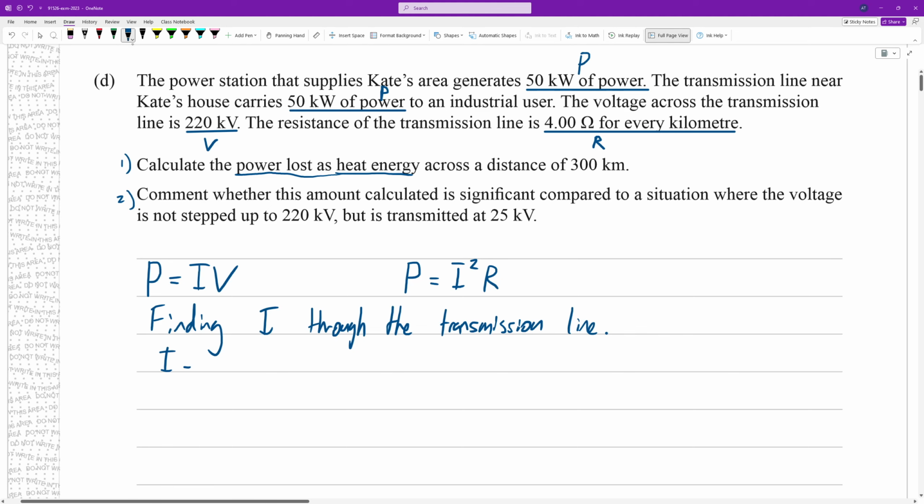Current is equal to power over voltage, where power was 50,000 watts and the voltage was 220,000 volts. And that gives us a current of 0.227 amps. Great.